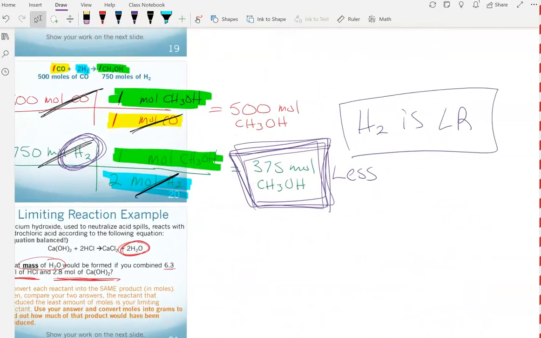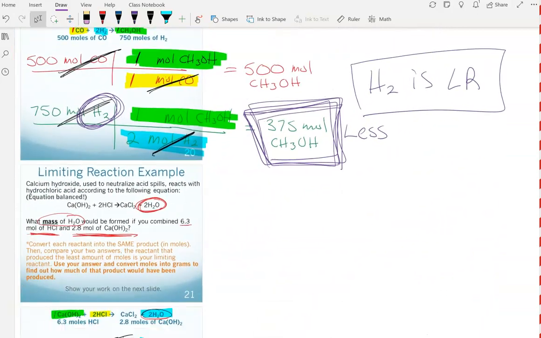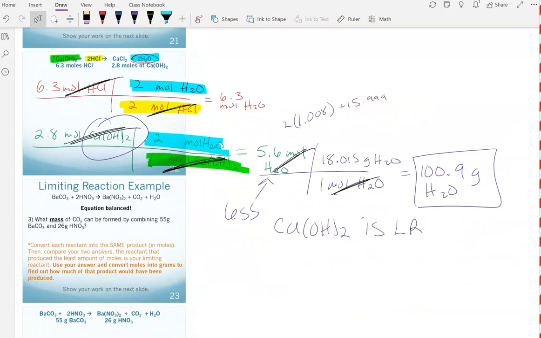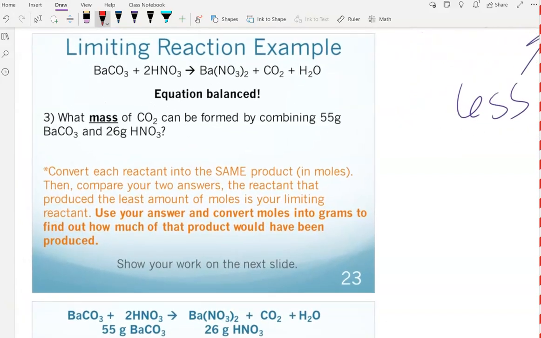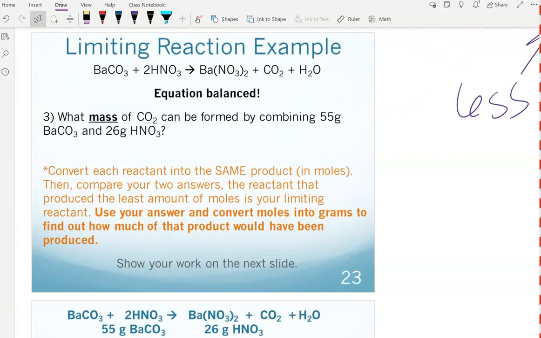And in this problem, I just found the limiting reactant. In this problem, I found the limiting reactant, but then I also found how much product that would make in grams by converting the smaller amount of moles into grams. So we're going to do the same thing here, except instead of starting with moles, I'm going to be starting with grams. So here I have this chemical reaction.